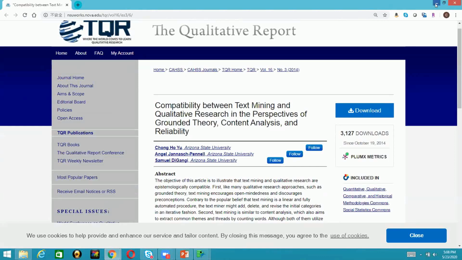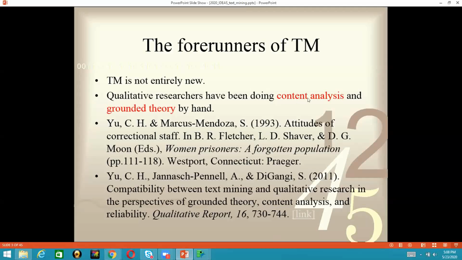Simply put, content analysis is to read the content, extract key terms, ideas, and then count the frequency, how often people mention this, how often people mention that.